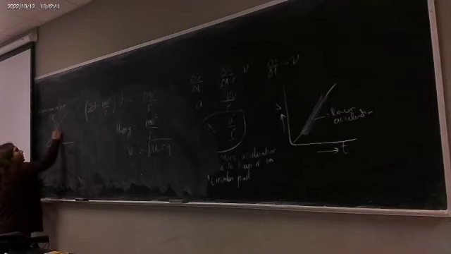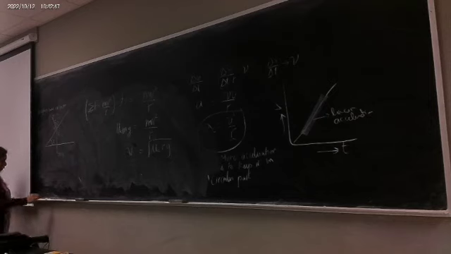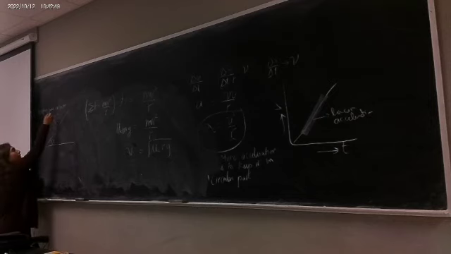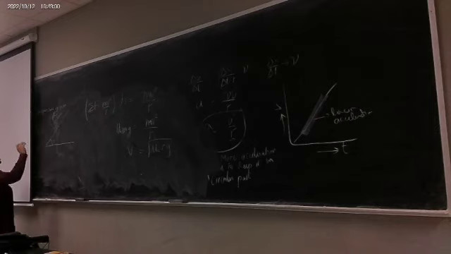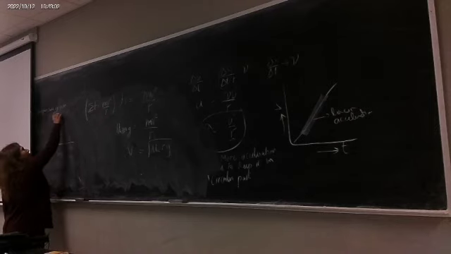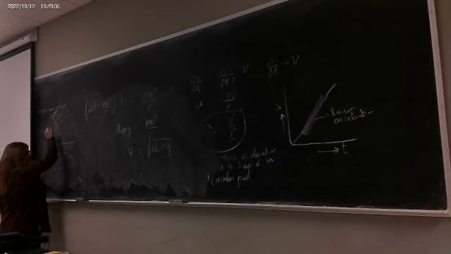This angle is also going to be theta, and this is also theta. Dividing the normal force into its components, this is n cosine of theta, and this is n sine of theta.